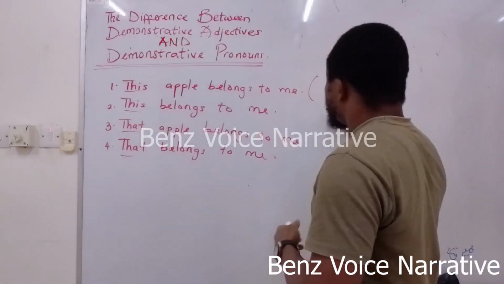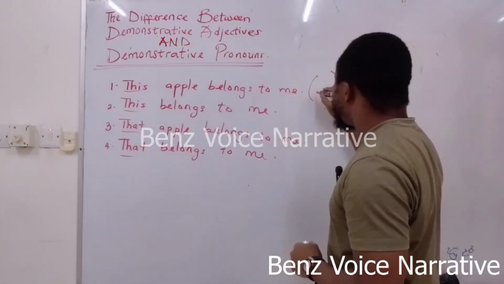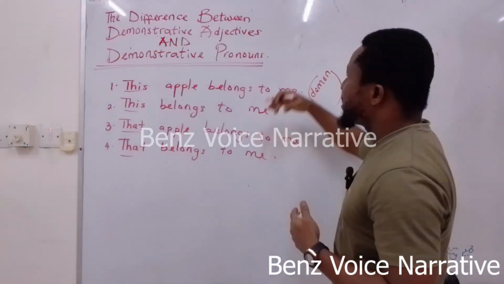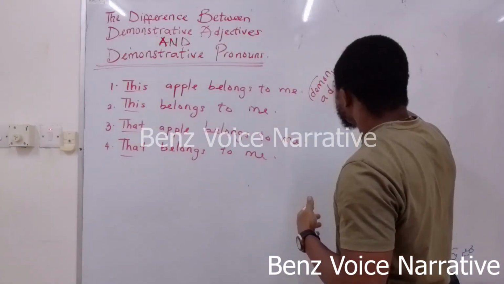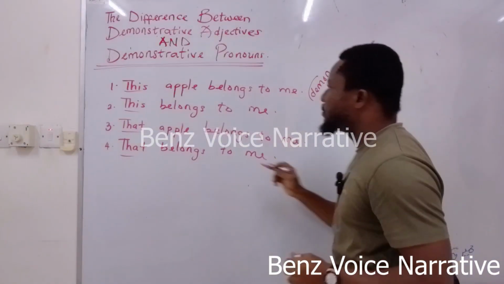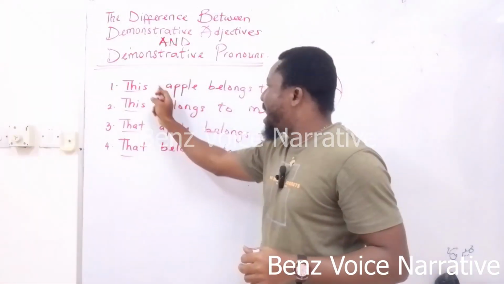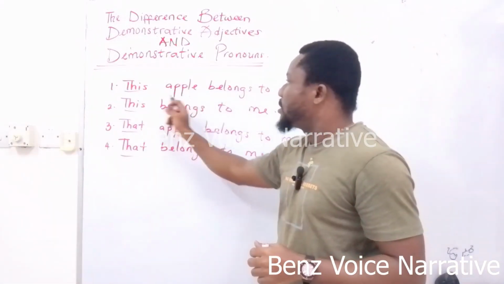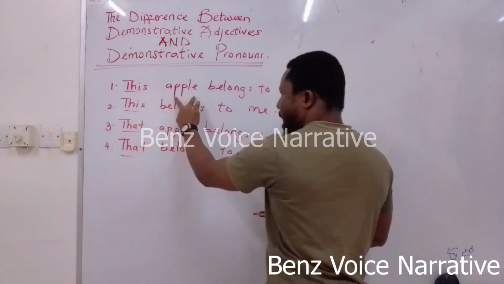Here, this is a demonstrative adjective. I'm going to be representing demonstrative adjectives with demon adj, demonstrative adjective. Once we have this, we have a noun, this apple. Now this is describing the apple.